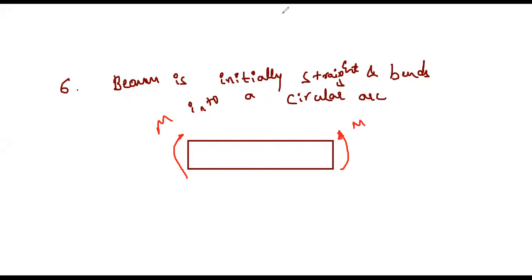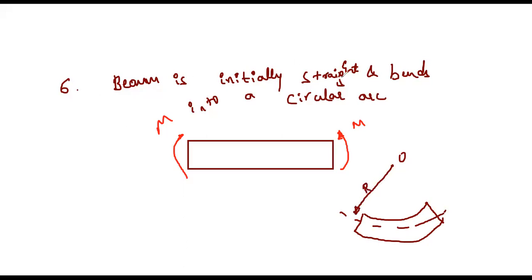Circular arc in the sense it looks like this. This will be the inner fiber. This will be the outer fiber or outer layer. This has center O. This was the neutral axis, neutral layer. This was the radius R.